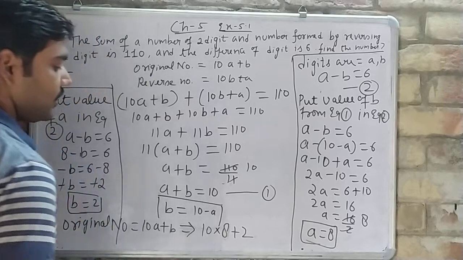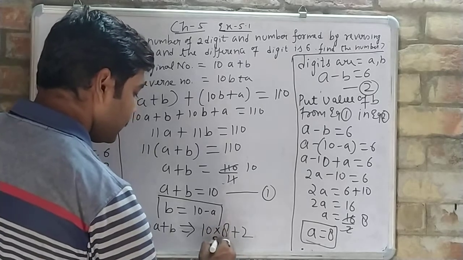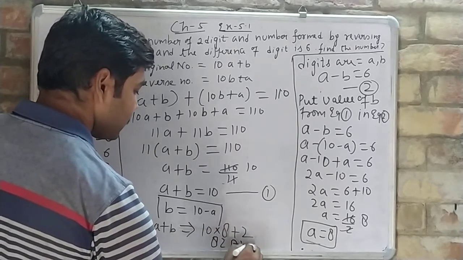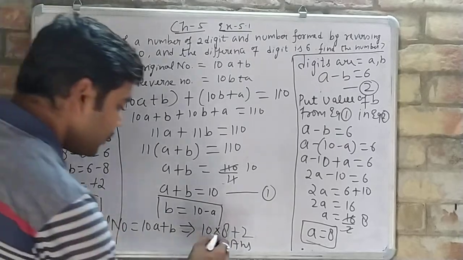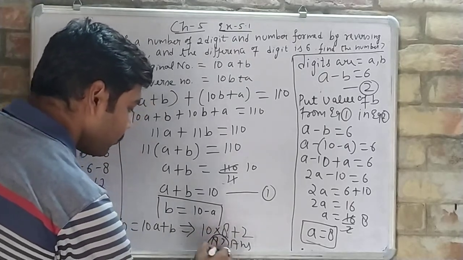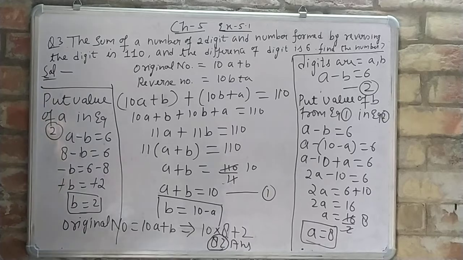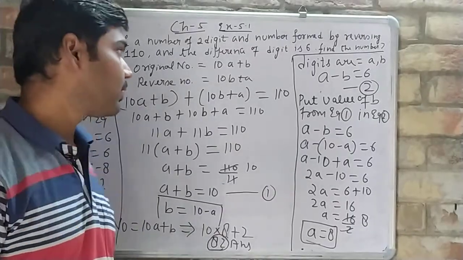So 10 times 8 is 80, plus 2, 82 is the answer. The number formed is 82.